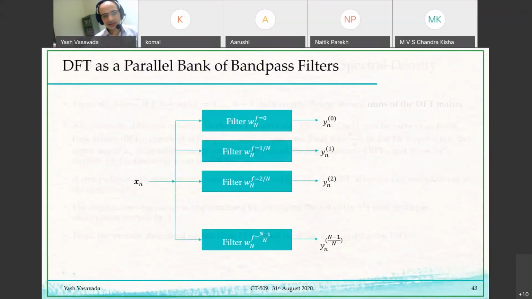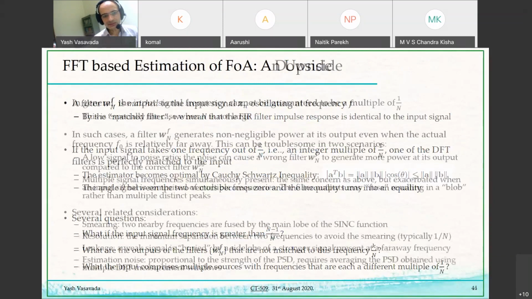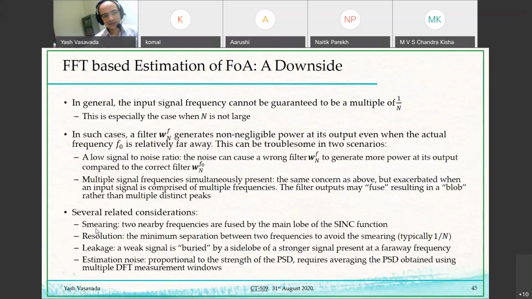In reality, that luxury we almost never have. And so because of that, there will be several different types of problems which are all related to the spreading that happens in the sinc function compared to the impulse. One problem is called smearing. Smearing happens when there are two frequencies, but they get fused by the main lobe of the sinc function.